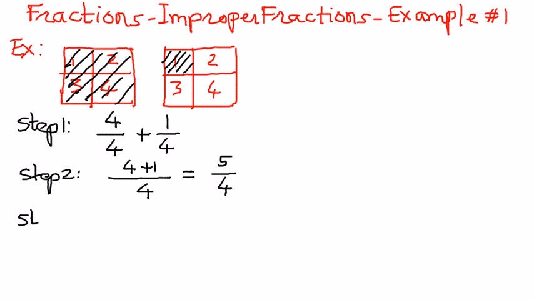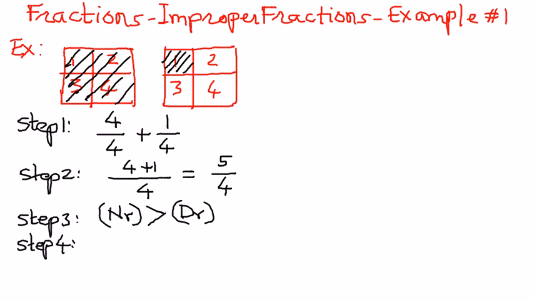And in step number 3, we're going to now make a decision. Since the numerator value is greater than the denominator value, therefore we're going to call this an improper fraction.